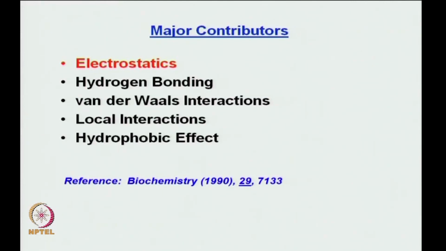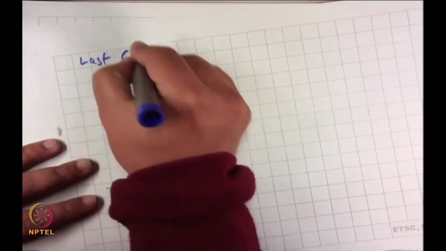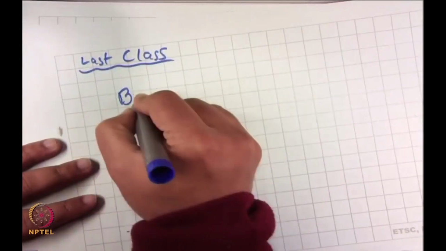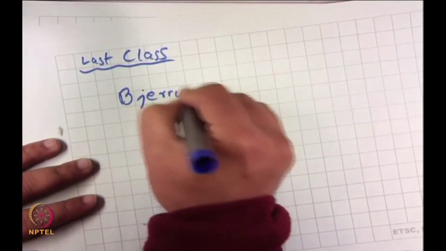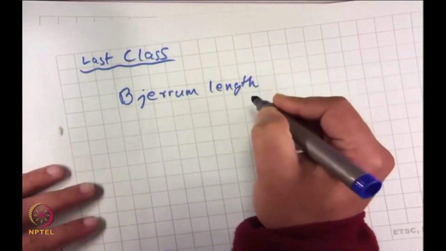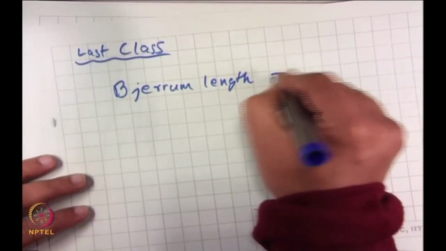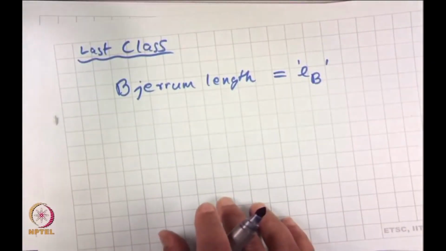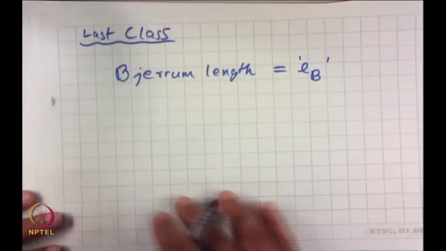So, last class, just a quick recap. We looked at this length known as the Jerome length, and this is represented by L of B, right. And what did we say the significance was?